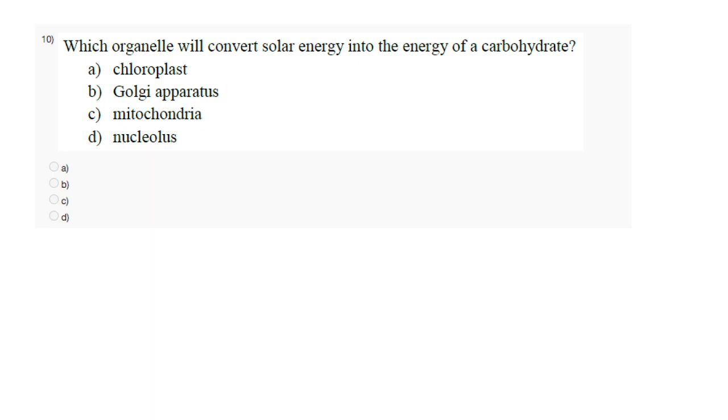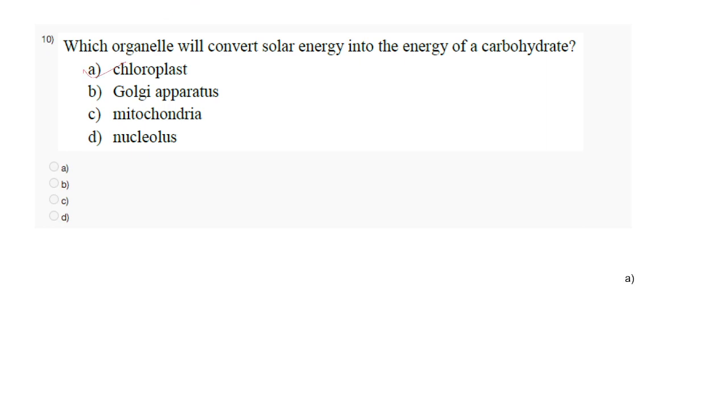Which one? Mitochondria, option C? It is asking for the solar energy conversion to carbohydrate. So it is asking basically about plants, and that will be chloroplast.